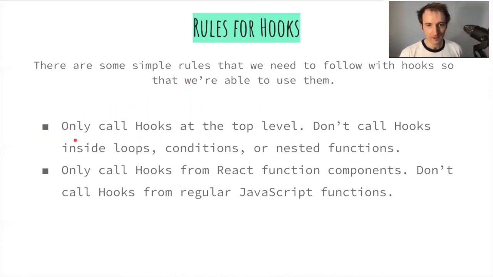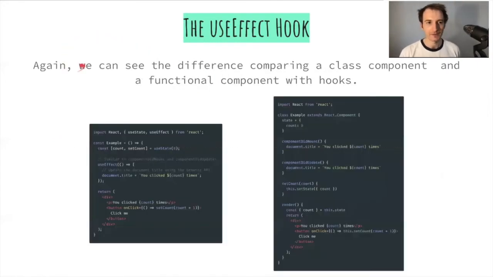So the first rule is to only call hooks at the top level of the component. You can only write hooks as the first thing that we see inside of the component. We can't have another little helper function in between, because React will always track which declaration comes first.